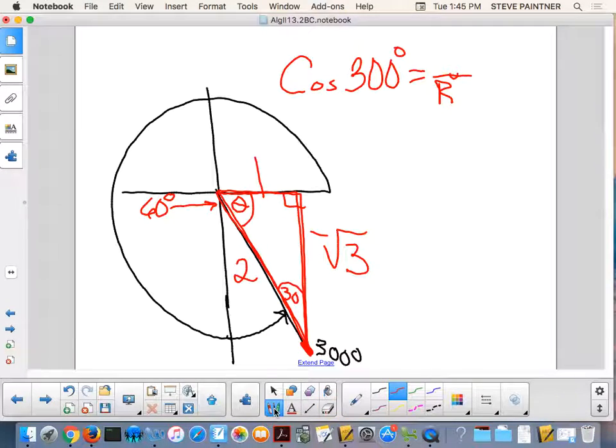Okay? Sine of 300 is what? Y over r. Now look at it. What are the answers? Eric, what's the answer to cosine of 300?